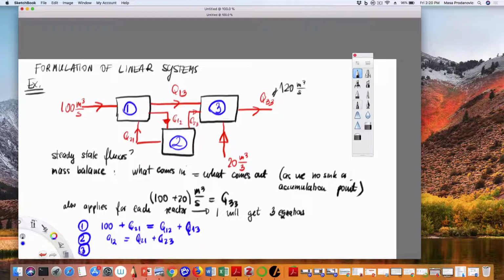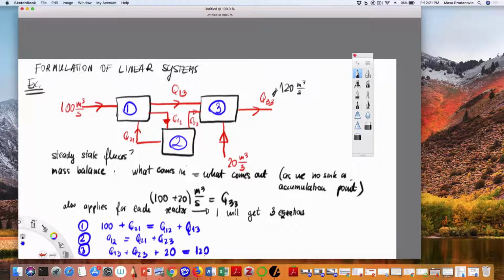And then 3 says that what comes in, which is Q13 plus Q23 plus 20, has to be equal to 120. I already solved what Q33 is, right? Is everybody cool with this?